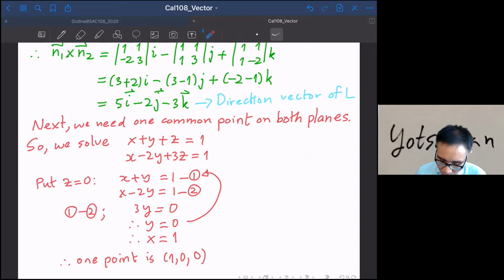Okay, so we have one point and we have the direction vector. So we'll be able to have the symmetric equation.